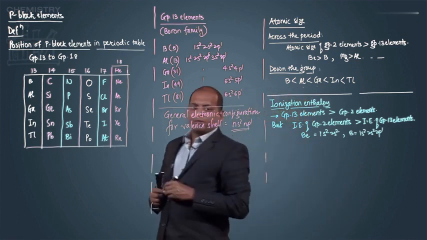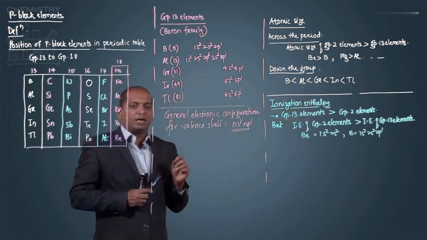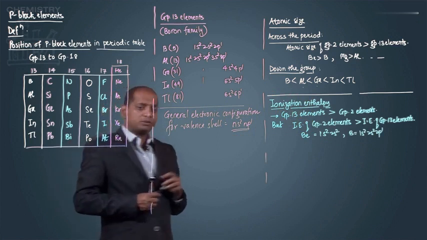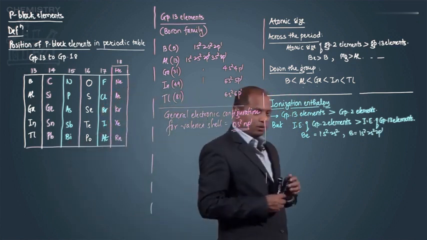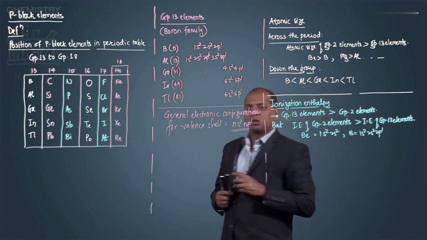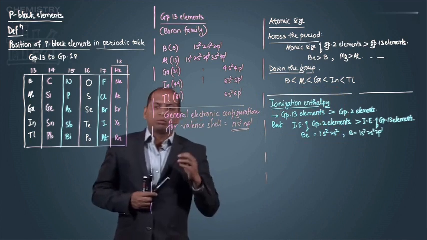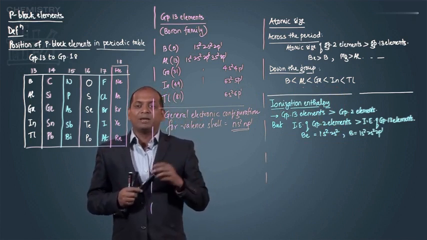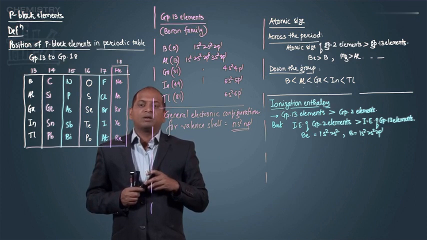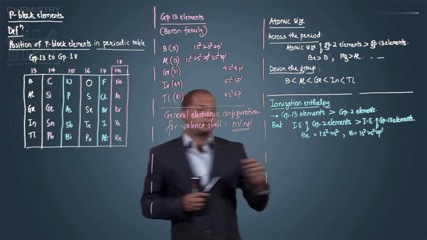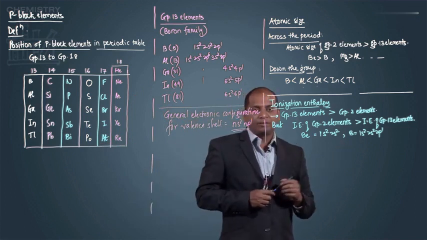Now if we observe carefully, in beryllium the electron is present in the s orbital, while in boron the last electron is present in a p orbital. So to remove the first electron, we require more energy in beryllium because of the greater penetration effect as compared to boron.